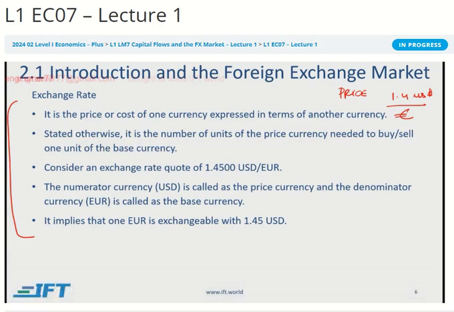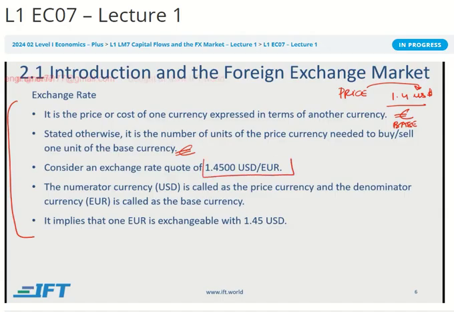So that is the price currency, the dollar. And what are we buying or selling? The base currency, which is euro. Stated otherwise, it is the number of units of the price currency needed to buy or sell 1 unit of the base currency. So we're basically talking about euro, which is the base currency, and we are giving the price in dollars.